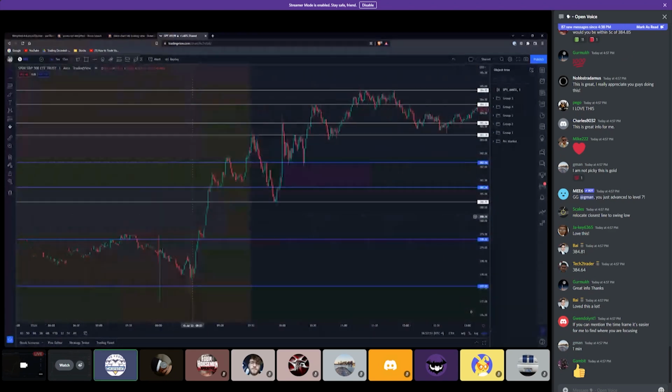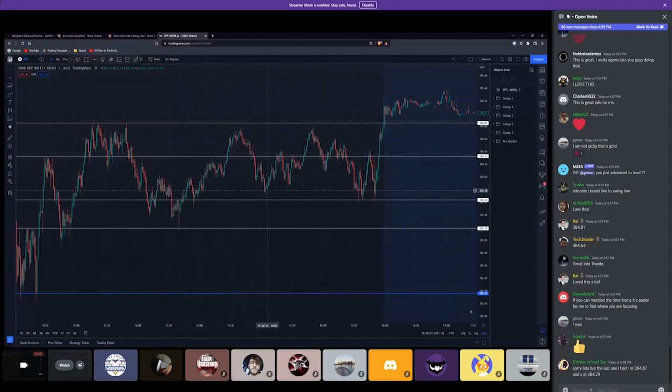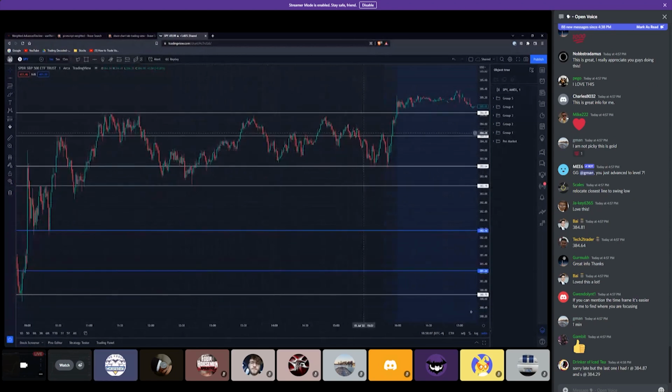And here's the rest of the day, and look how everything worked out for the rest of the day. Considering we drew these lines like 3 or 4 hours ago, they held up pretty good.